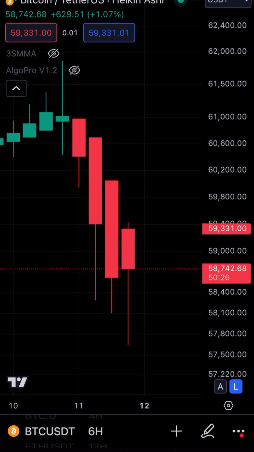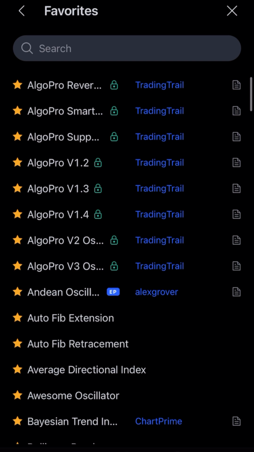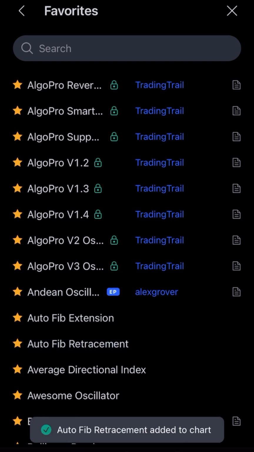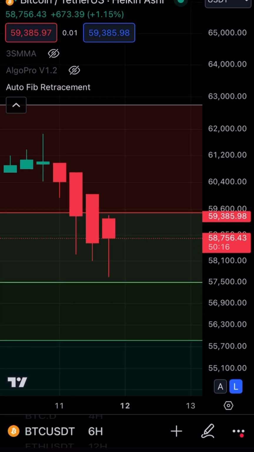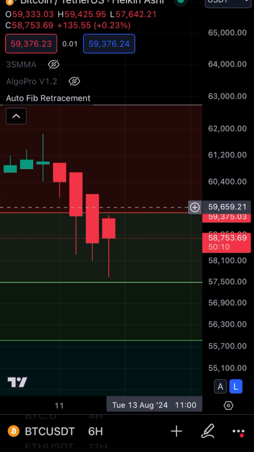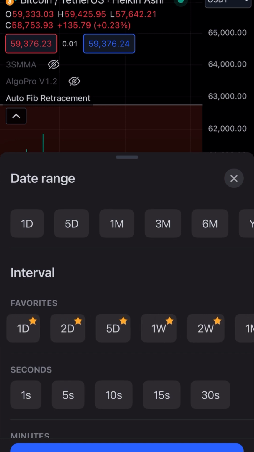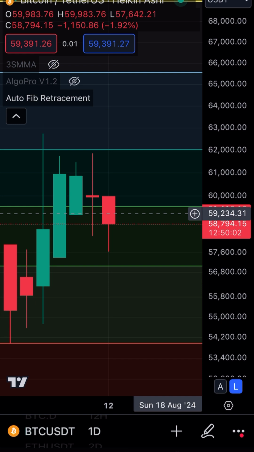Real quickly, I want to look at the Fibonacci. What you want to do is go to Auto Fibonacci Retracement, and you can see the levels that it's bouncing from. Basically, it has to get past this line here. Let's look at this on the day, because I think that's what I did on the last one.